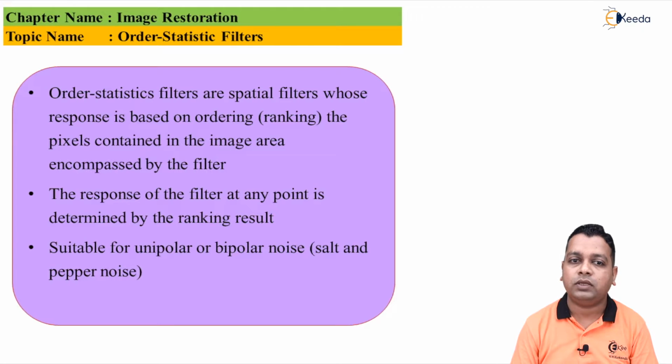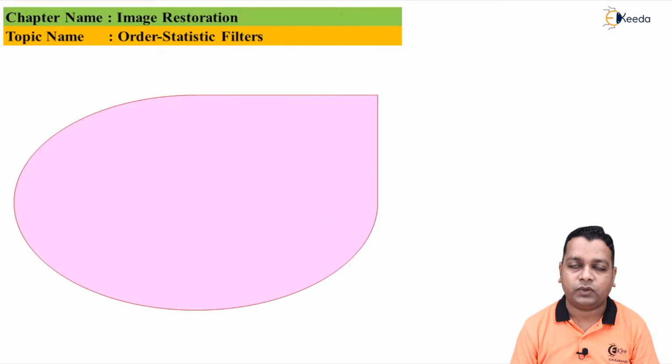Here we have a suitable unipolar and bipolar noise, that is called the salt and pepper noise, to be completely removed with the help of the order statistic filters. The very popular median type of filter we shall be discussing along with the other types also.